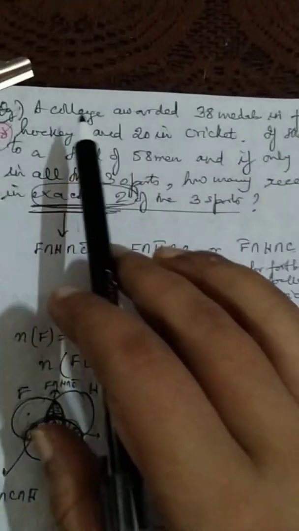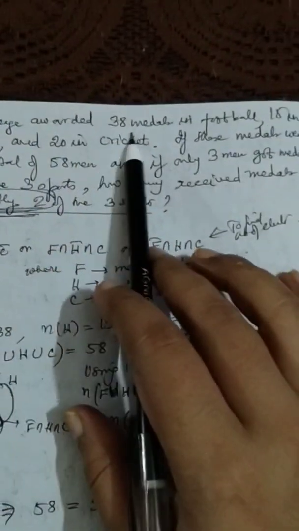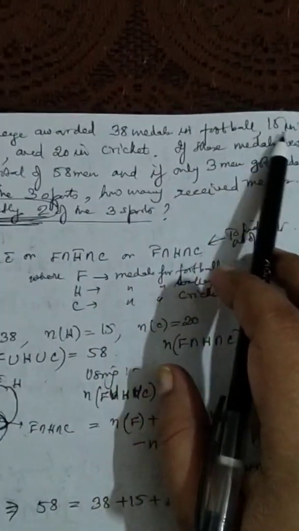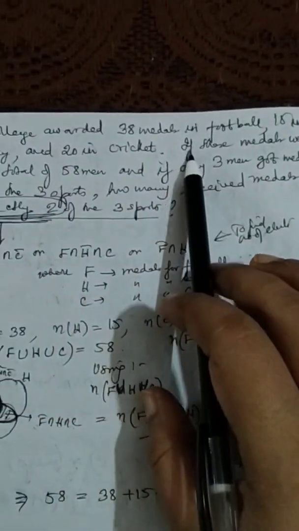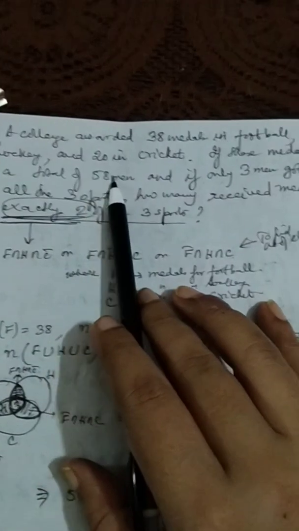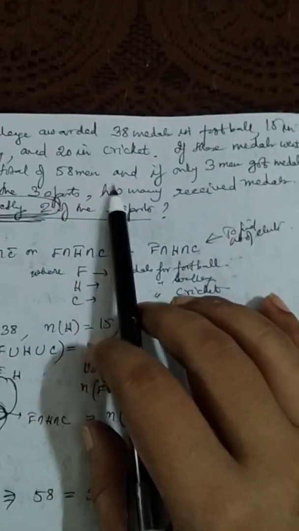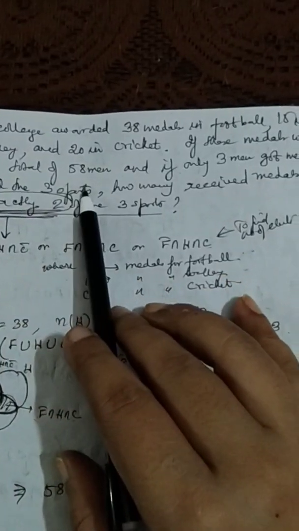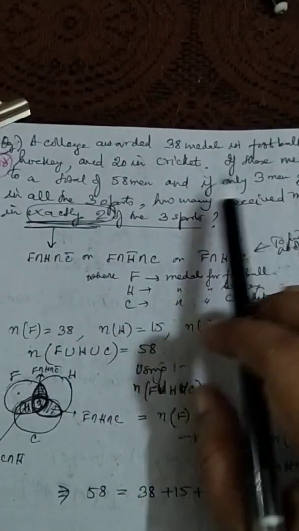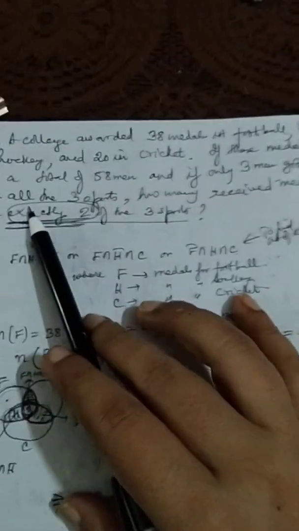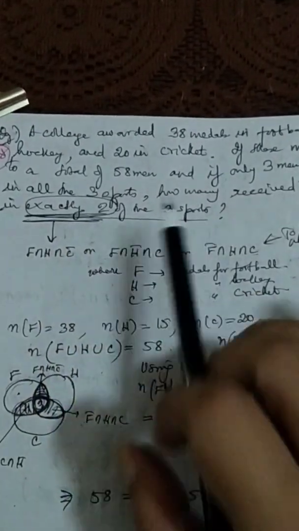I'm reading it out once more. A college awarded 38 medals in football, 15 in hockey and 20 in cricket. If these medals went to a total of 58 men, and if only 3 men got medals in all the 3 sports, okay, total is 58, 3 men got in all the 3 sports, how many received medals in exactly 2 of the 3 sports?